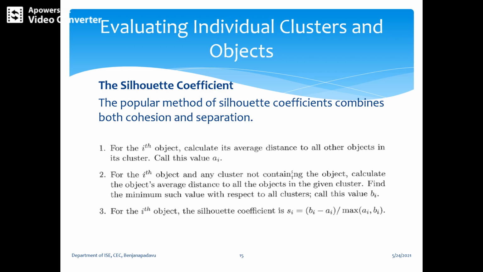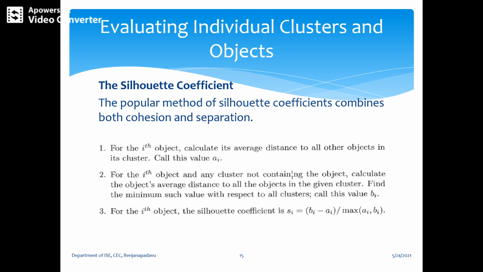We use the distance, but an analogous approach can be used with similarity. So here, first point: for the ith object, we calculate the average distance to all other objects in its cluster. Call this Ai.